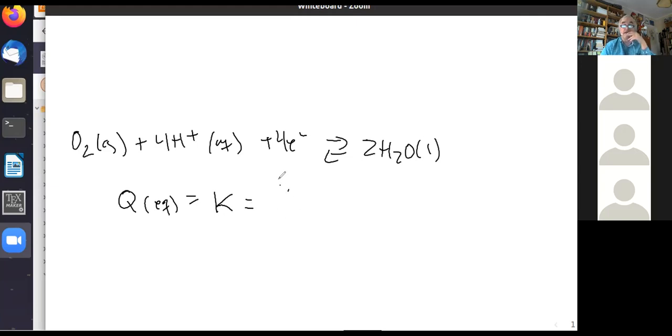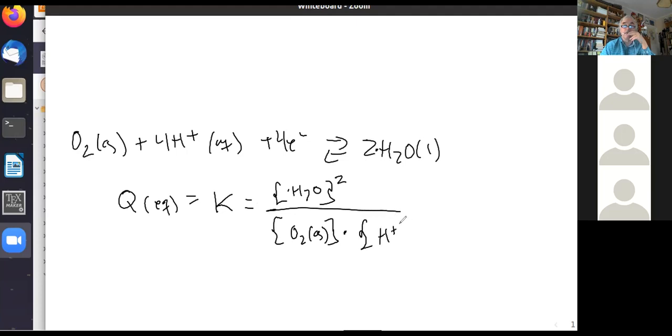Then it's the activity of water squared, because of the stoichiometric coefficient here. And then it's the activity of O2 gas and the activity of H plus raised to the power of 4.